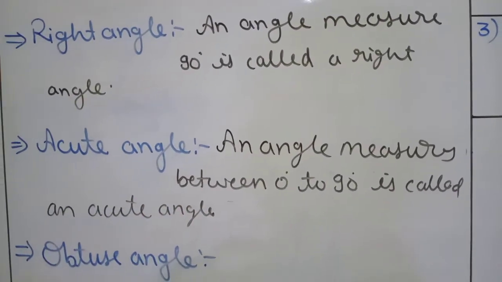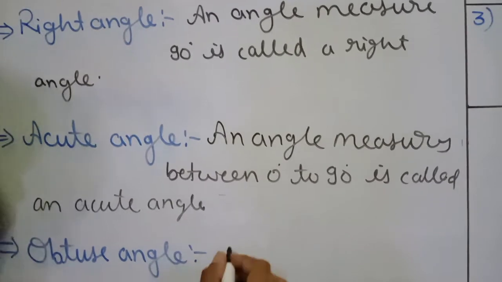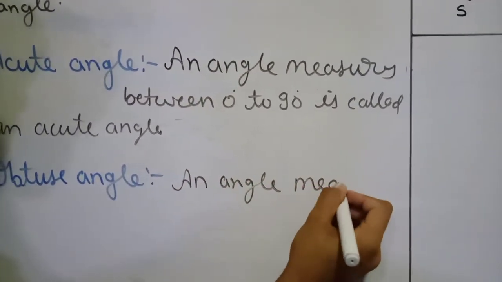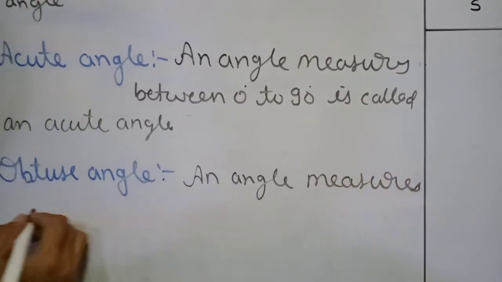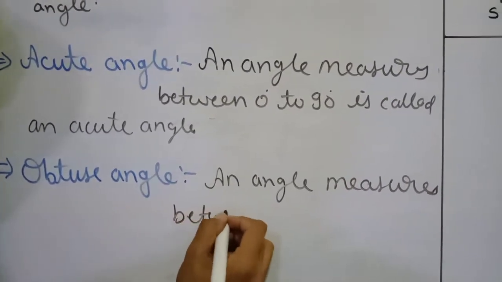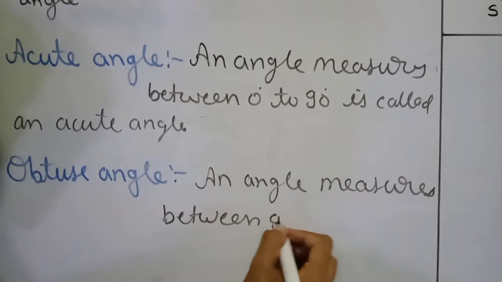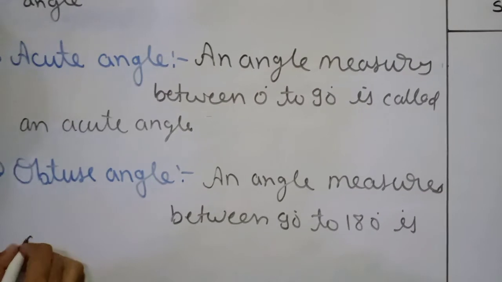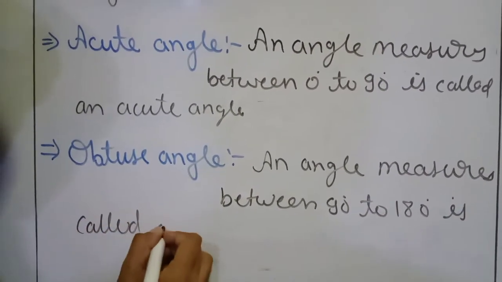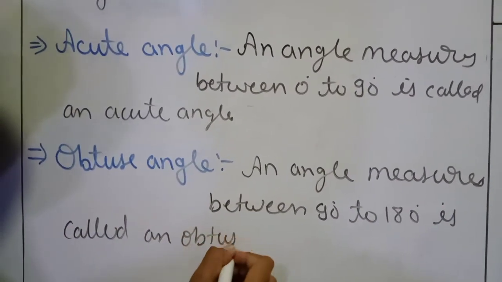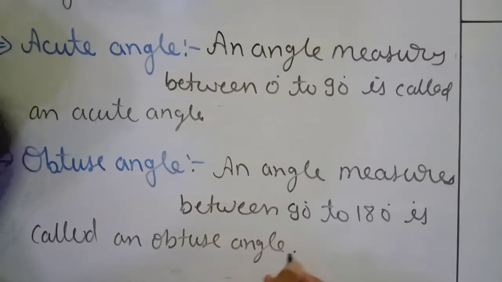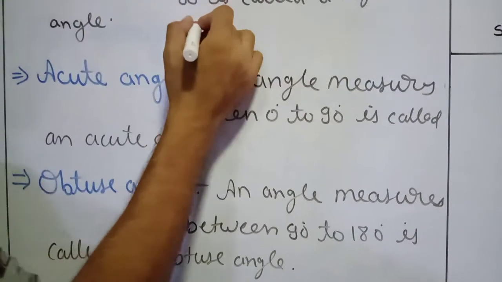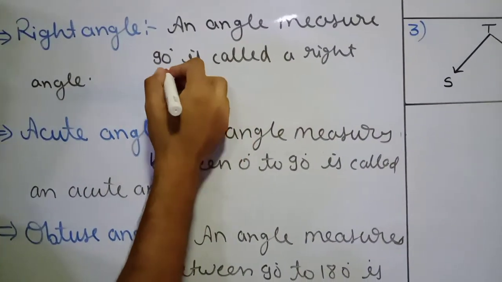Next is the obtuse angle. An angle that measures between 90 degrees and 180 degrees is called an obtuse angle.